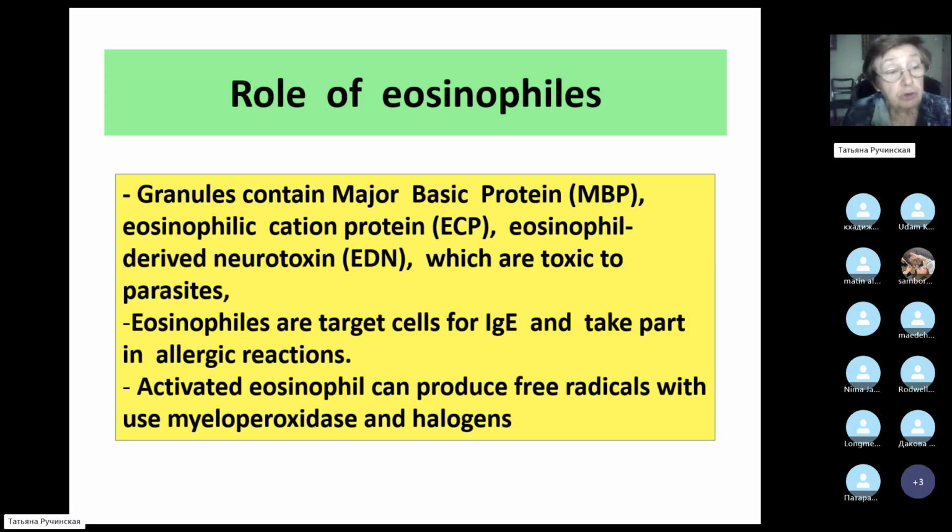Eosinophils, the same as neutrophils, can produce free radicals, you see? And that is why, I told you, because they have myeloperoxidase.